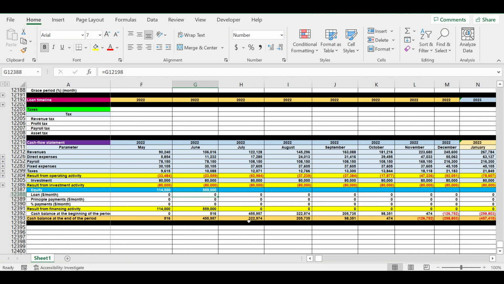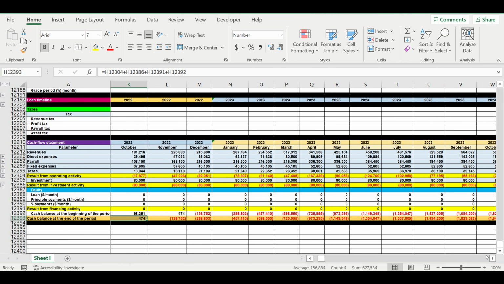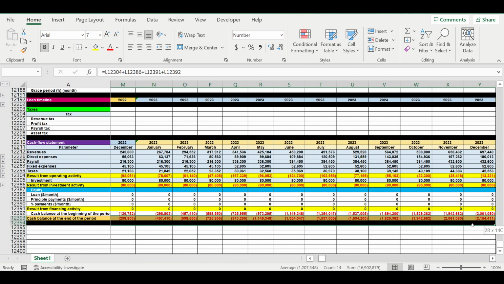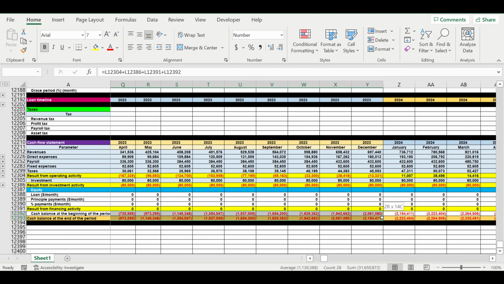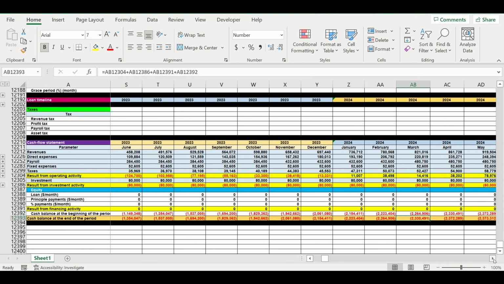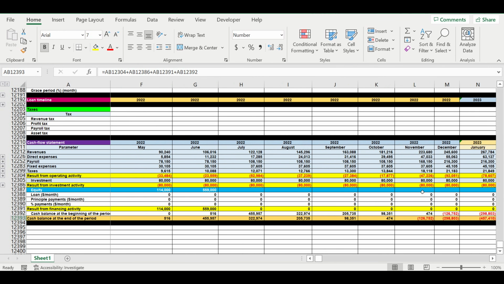So looking at the timeline, we see that during this period we don't need additional financing. Then we go here. Look at the last line. Here we see 2 million, 2.2, 2.26, 2.2. So let's just type here.